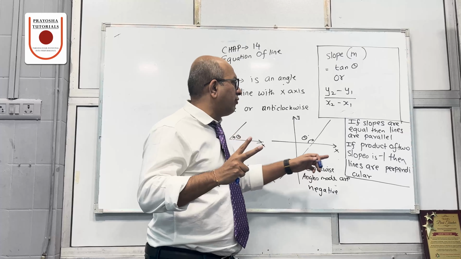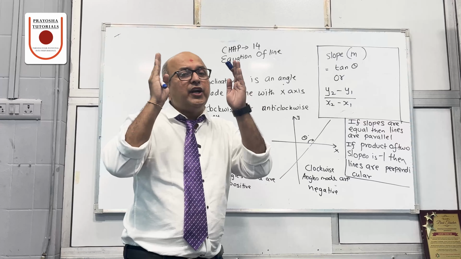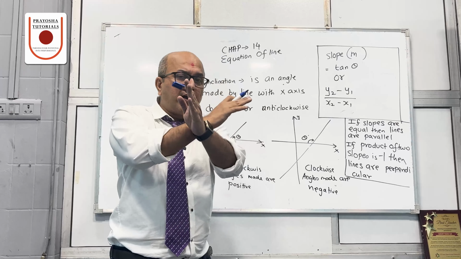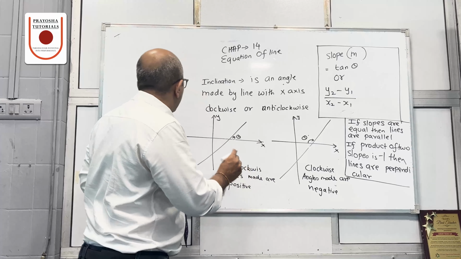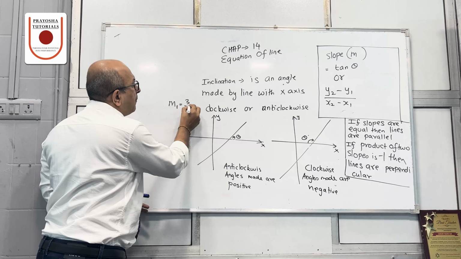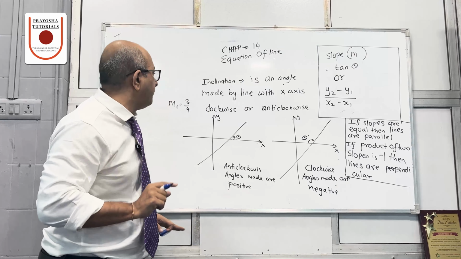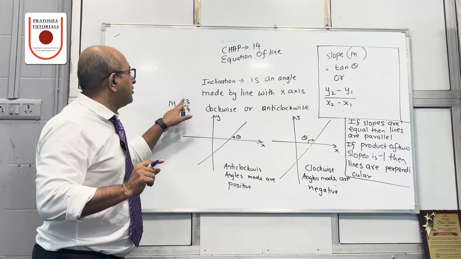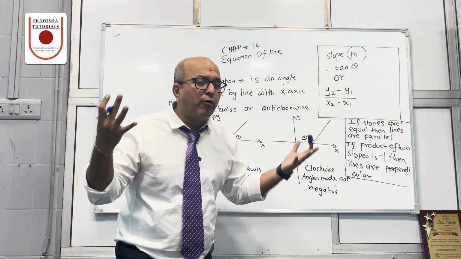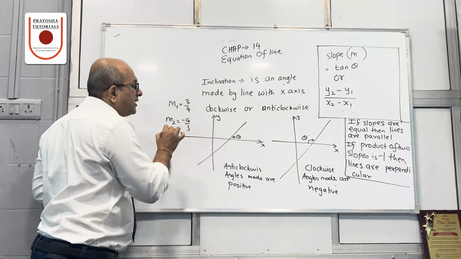Second concept: now there are two lines, you find their slopes and you find their product. Just an example, if the first line has slope 3 upon 4, M1 is 3 upon 4, and M2 is minus 4 upon 3.